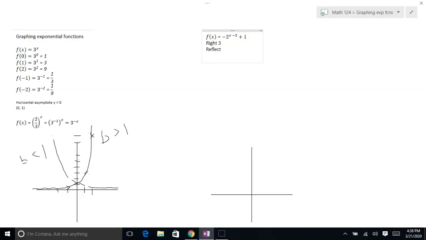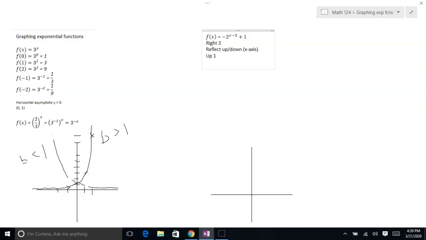Since it's out in front of the function and not inside with the x, that's a vertical reflection, an up to down reflection over the x-axis, however you like to think of that. And finally, probably the first thing you saw is that plus 1, but it's the last thing we're going to do. The whole thing is going to move up 1.